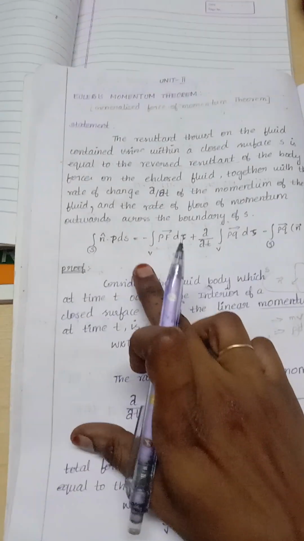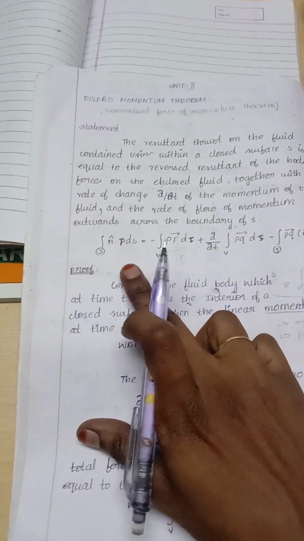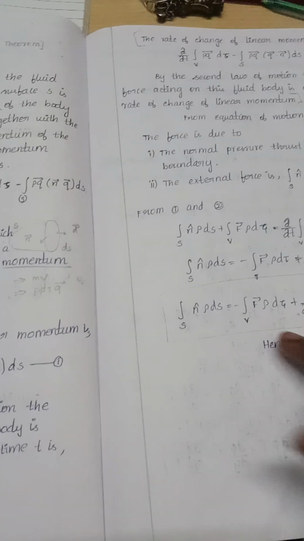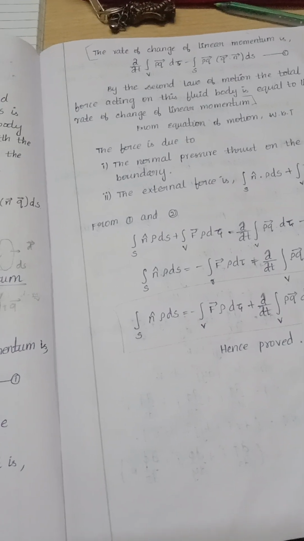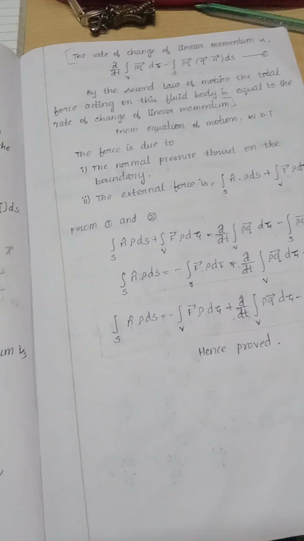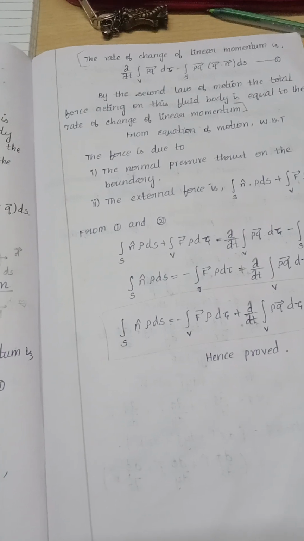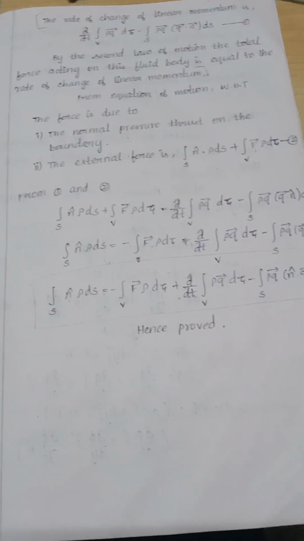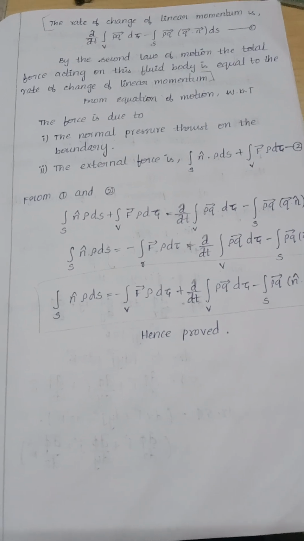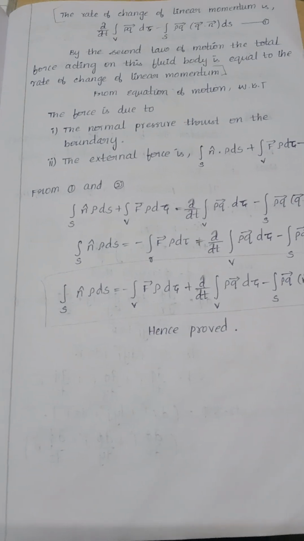Already from the statement we know that we have to prove this by considering that the rate of change of linear momentum is equal to the total force acting on the fluid body. We derive this form. So our proof is clear now. Hope you all understand, and thank you.